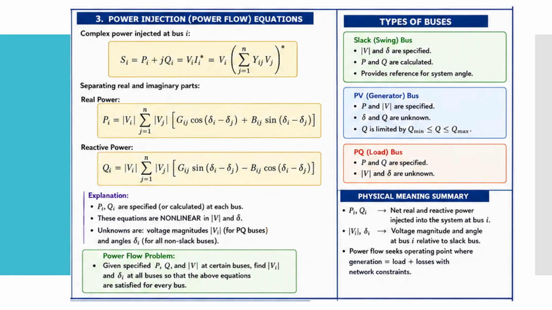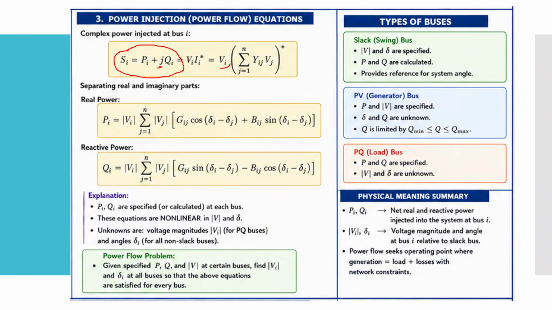In addition to that, a power injection or power flow equation can also be calculated. The complex power is represented by P plus jQ, where j indicates the reactive power component. The general apparent power is obtained as V times I conjugate.